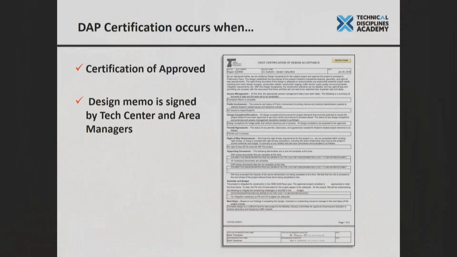So when it's all said and done, we're working towards ADAPT certification. And the certification, like I said, is an assurance, a statement going forward saying that we have done everything at DAP that we're supposed to have done. We've looked at the project, we understand the project, we know what it's going to take to deliver it from now to a final set of contract documents.